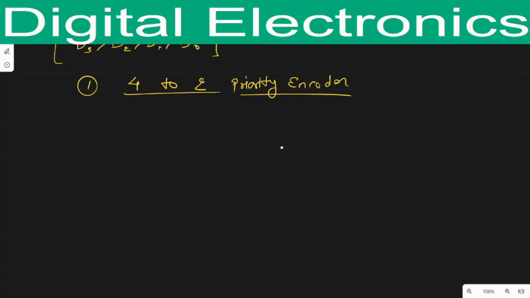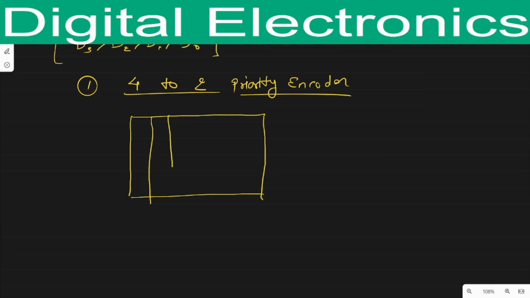Now to analyze the 4 cross 2 priority encoder, we need a truth table. The truth table for the 4 cross 2 encoder is shown below.